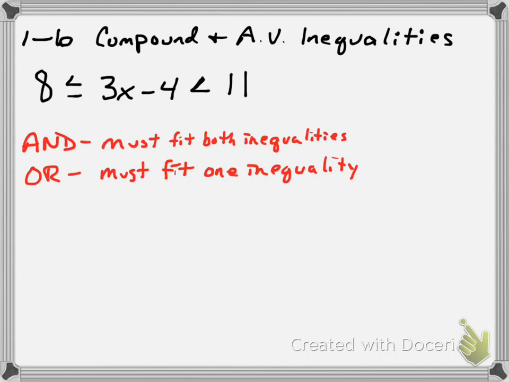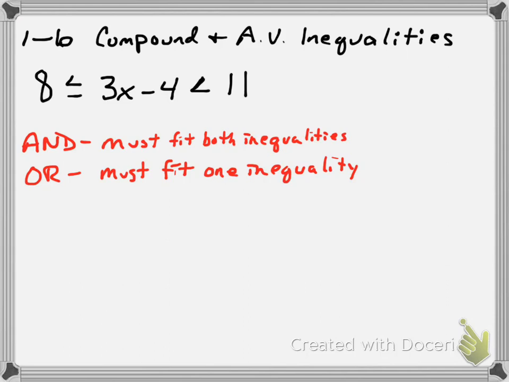Those are a lot less restrictive, where, for example, 3x minus 4 is less than 11, or 3x minus 4 is greater than or equal to 8. That's different. When you have a compound inequality like the one on the screen, where you have 3 different things going on at the same time, those are always AND problems in here.